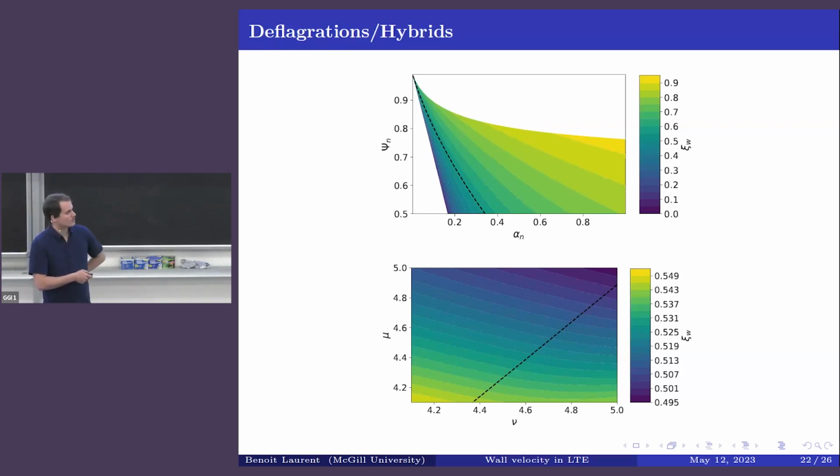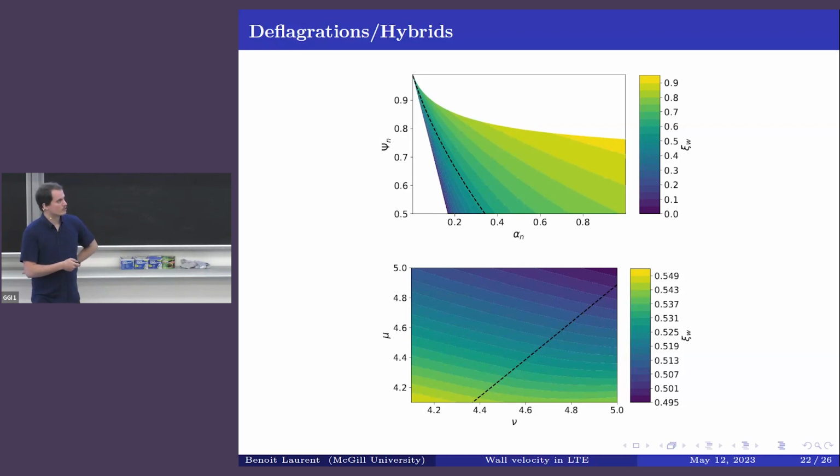So what happened essentially is that when psi is smaller, if you increase alpha, yes, you increase the pressure on the wall, but you also increase the length, or the pressure peak will become taller essentially. So it will be harder to overcome the pressure peak, and it will still be able to find a hybrid solution even if alpha is very large.